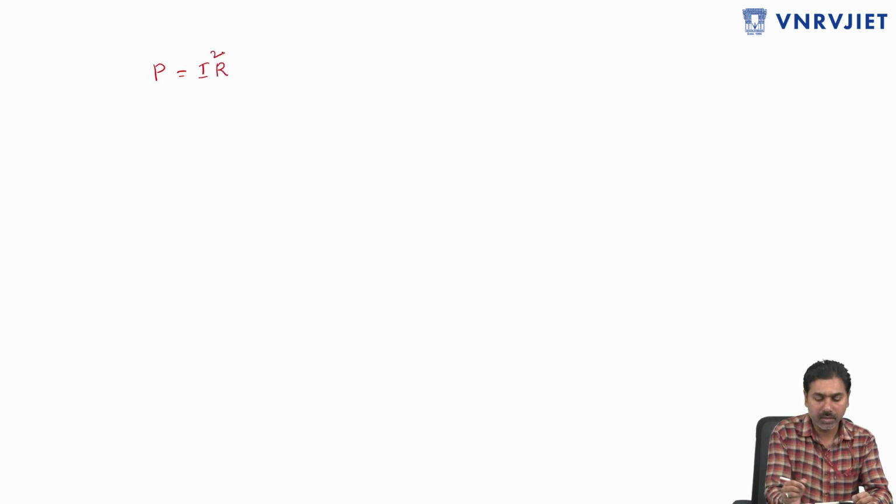It is basically the power dissipation across the resistor, P is equal to I square into R. Here I is having the power factor of 2.